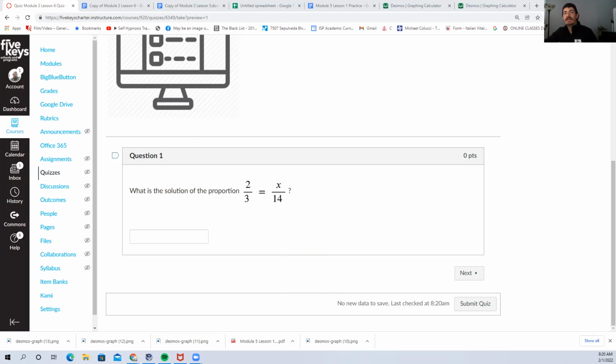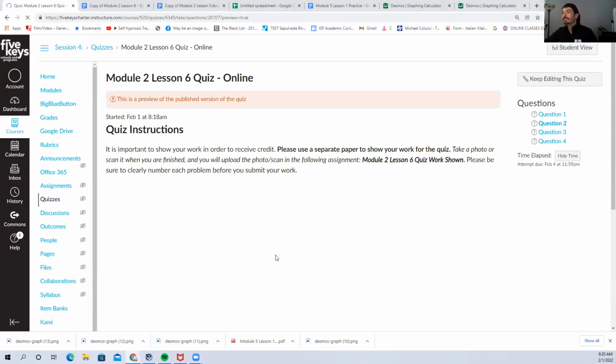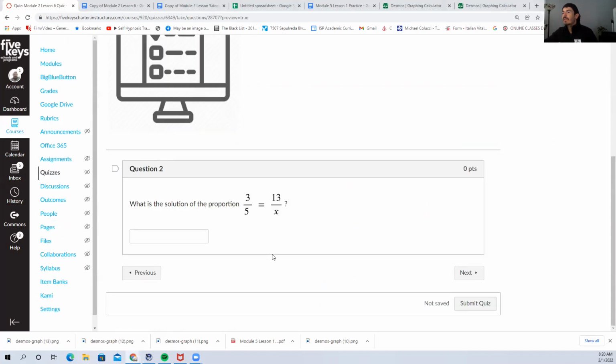Let's see what the next question is, huh? What is the solution of the proportion? Same exact thing. In this one, it is probably effective to use cross product because my variable is actually in the denominator.